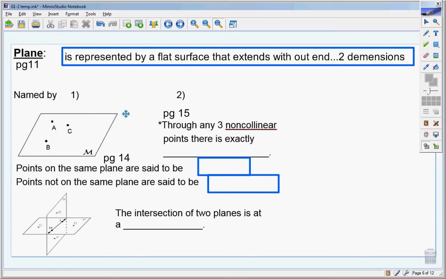When they draw one, they typically use some kind of parallelogram to represent that plane. Although it's showing that it has an end, the plane is what? Infinite in length and infinite in width. It would continue on off the screen in both directions. But it wouldn't pop off the screen because it doesn't have a thickness to it.